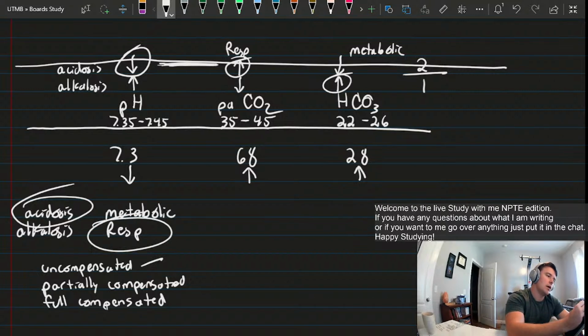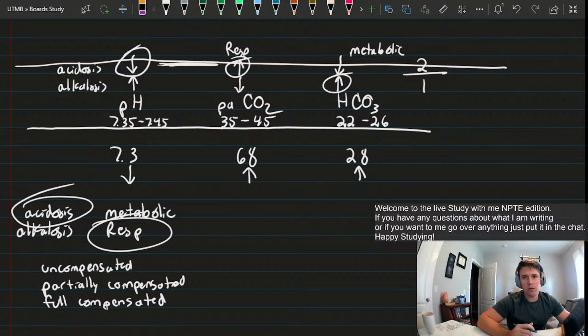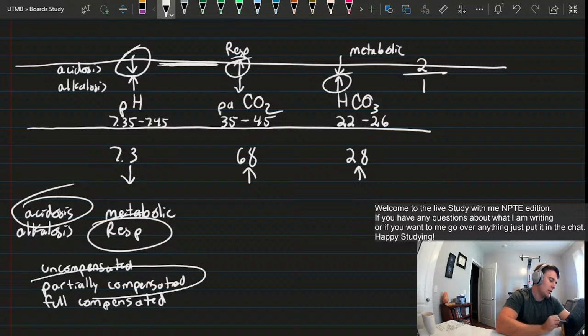Uncompensated means that the body's not doing anything to help you out. So you've got a 2 and a 0, that would be uncompensated. A 2 and a 1 means your body's trying to help you out using bicarb to help increase the pH of the body, but it's not doing a very good job. So this is partially compensated respiratory.